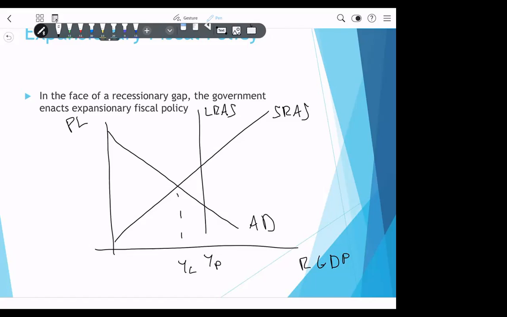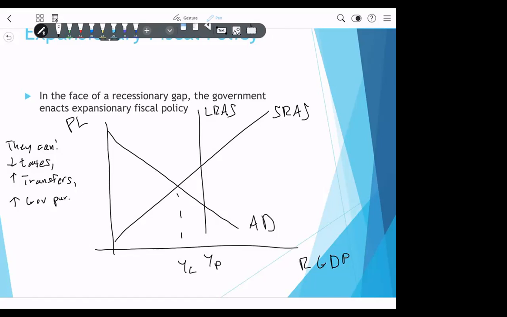Now the government can enact expansionary fiscal policy. What does that mean? What are the things that they can do? They can decrease taxes, increase transfers, or increase government spending. Government purchases, I should say, sorry, because that's what I said originally.